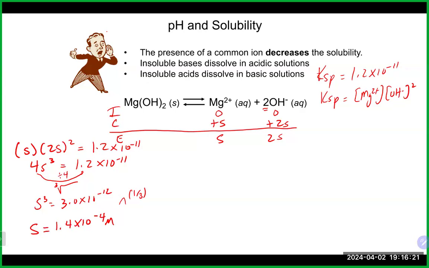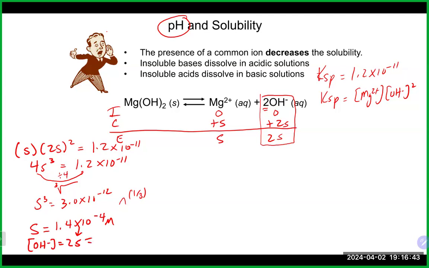Now, since we are talking about pH here, it would make sense that our hydroxide would be of interest, because that gets us to the pOH. If I want the hydroxide concentration, as we can see from our ICE table, it's actually 2 times S, so we need to put that in.